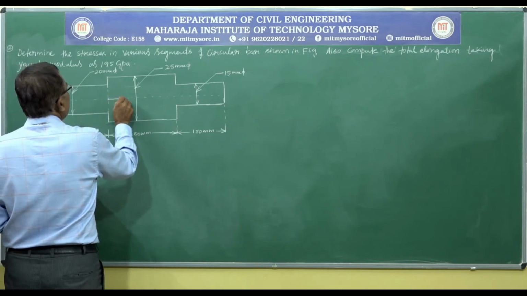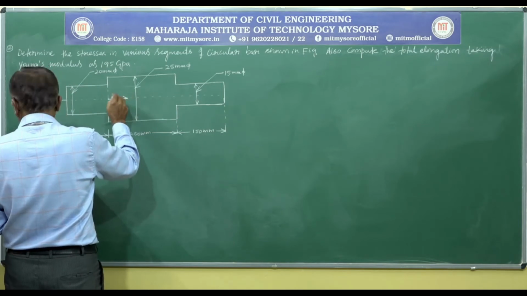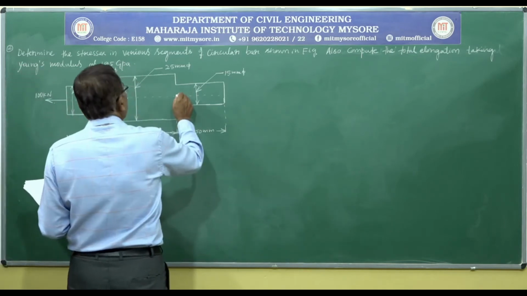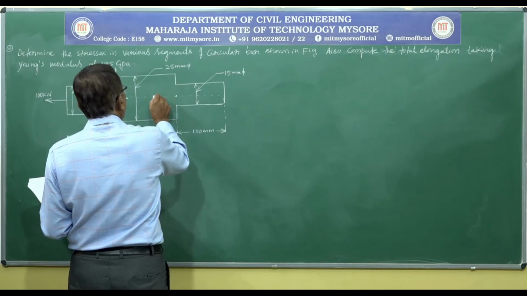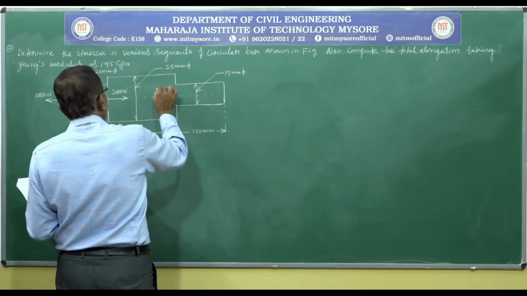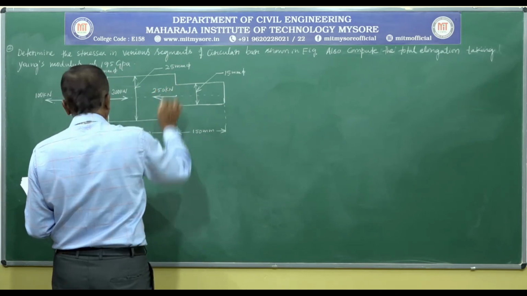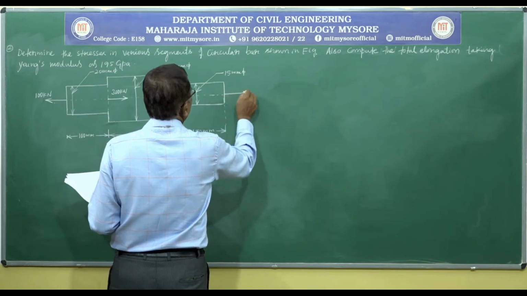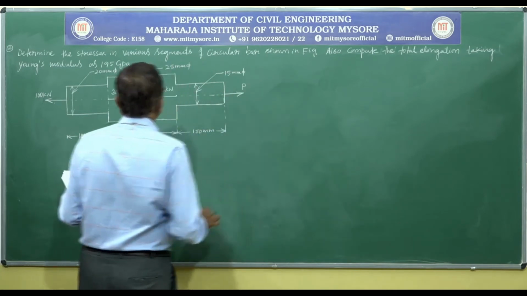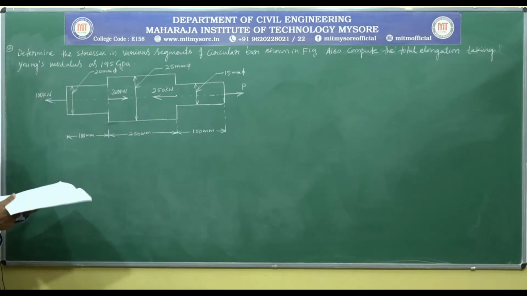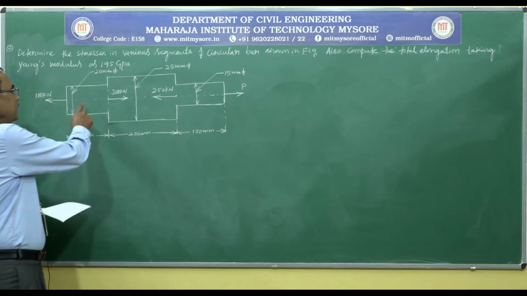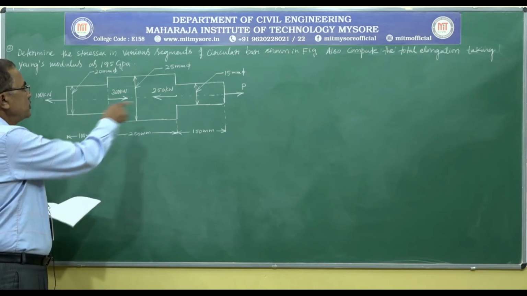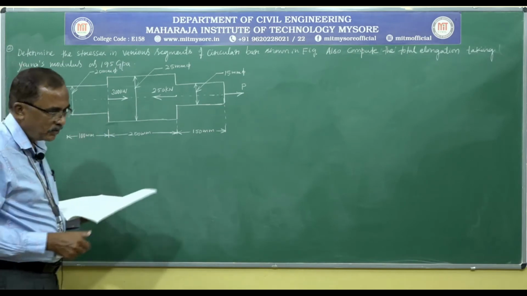Between segment 1 and 2, there is a rightward force of 300 kilonewton, and between segment 2 and 3, there is a leftward force of 250 kilonewton, and the right hand side of the bar is subjected to a rightward force of P. For this, it is asked to find stresses induced in each portion, and also to find total elongation of this bar by taking Young's modulus as 195 GPa.